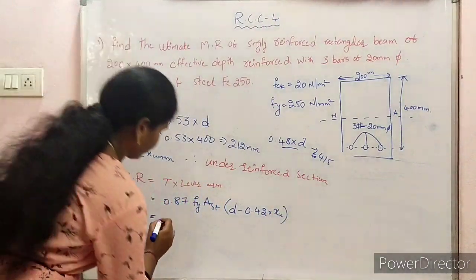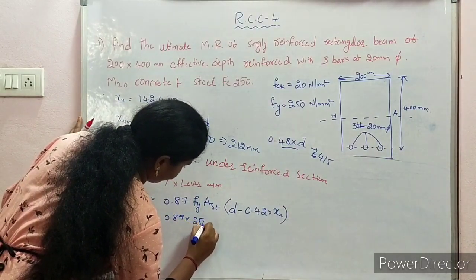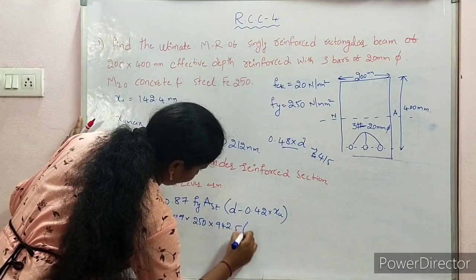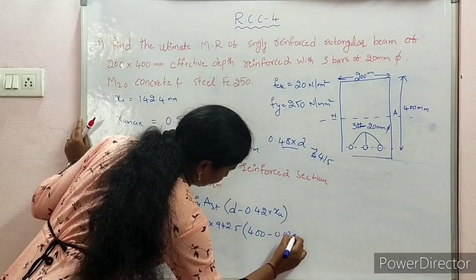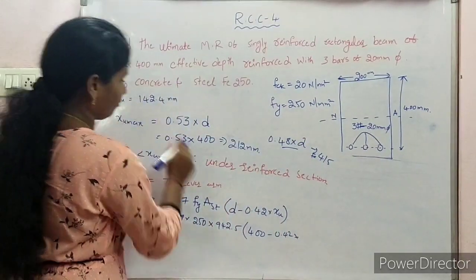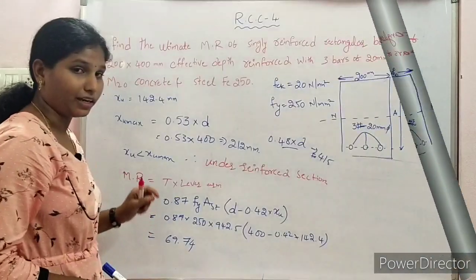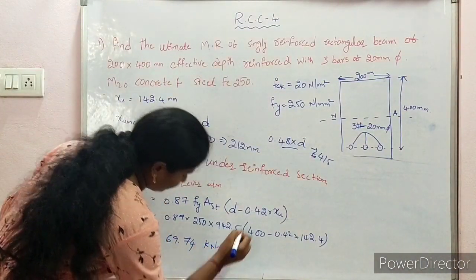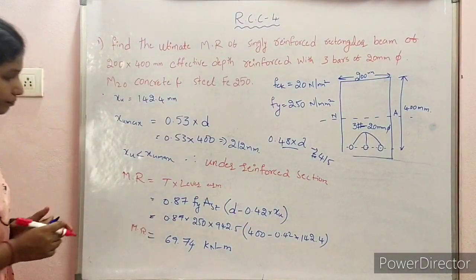Substituting the values, 0.87 FY is 250, AST is 942.5, d is 400 minus 0.42 into XU is 142.4. After calculation, we will get 69.74 kilonewton meter. This is the ultimate moment of resistance.